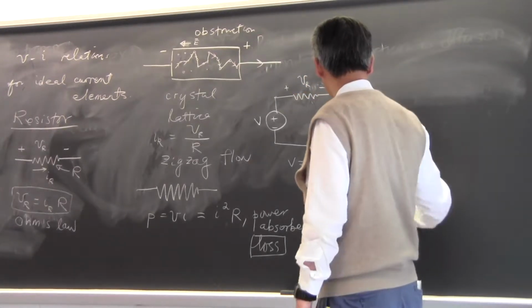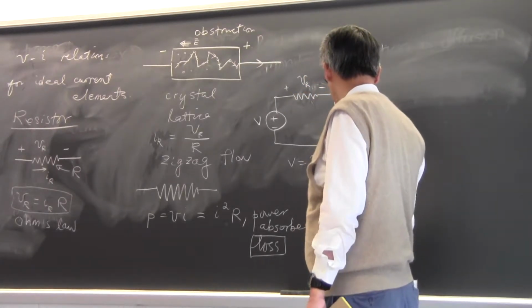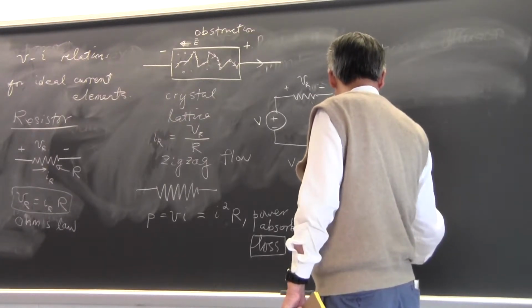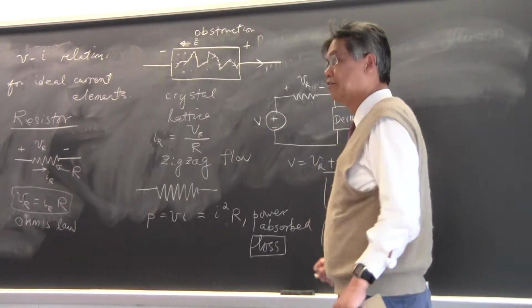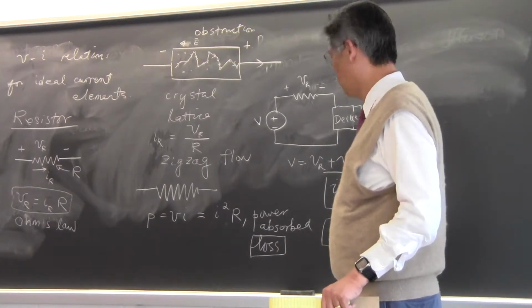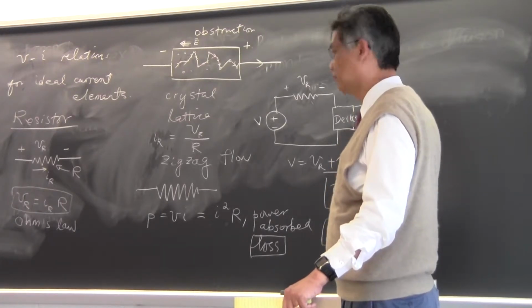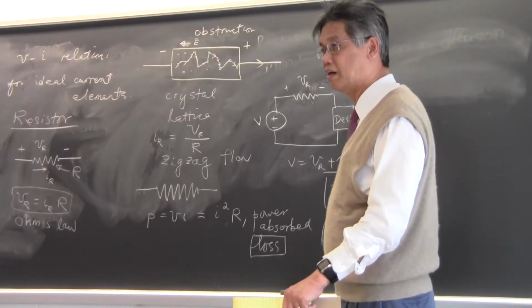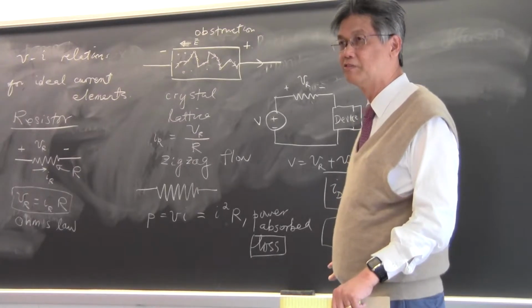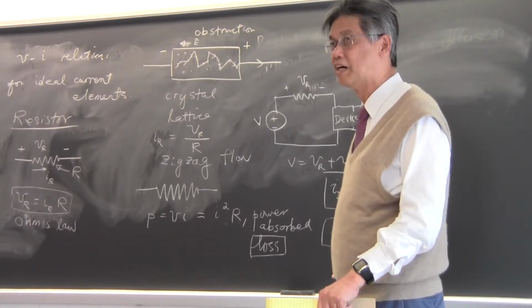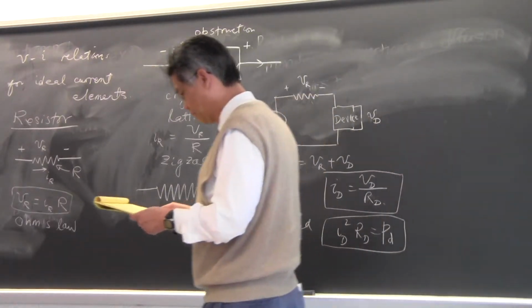And you can also control the I squared R loss. The power dissipated on your device, if it is a resistor, will be I squared R. By controlling this voltage drop and also the current, you can control the I squared R loss, and you do not want your device to be fried. If the I squared R loss is too big, the device will be fried. Okay? So this is one use of the resistor.